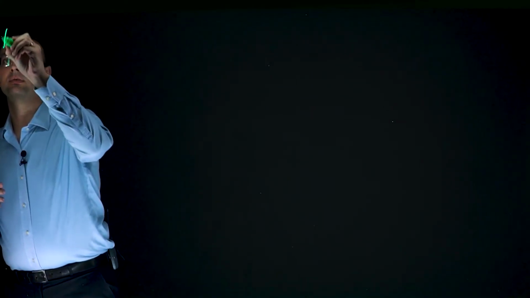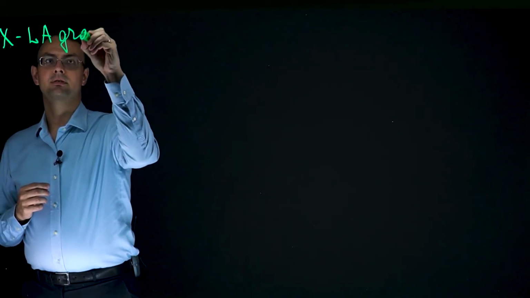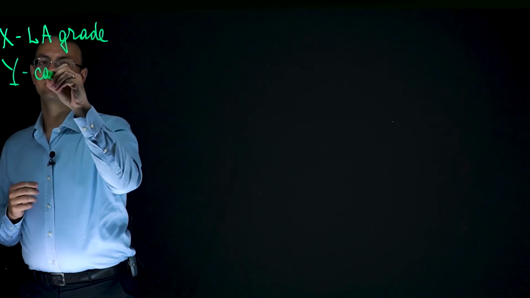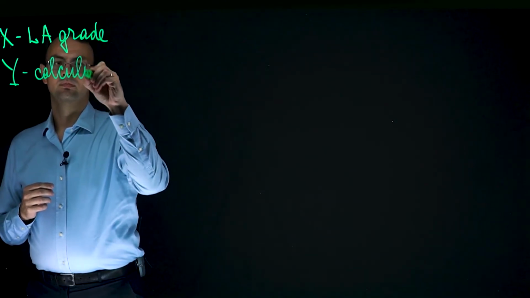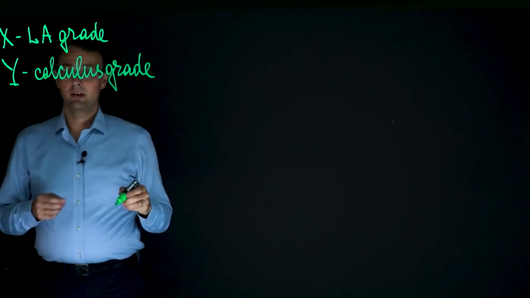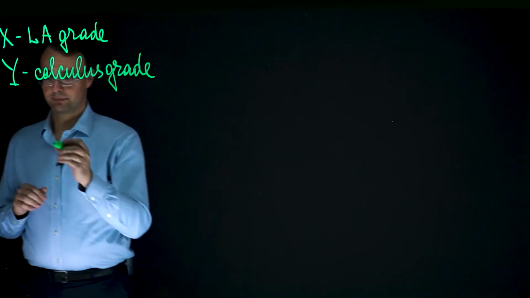Now we will find the conditional distribution and conditional expected value for the example we have already discussed, where we have two random variables that are the linear algebra grade and the calculus grade of a random student. And x can be either 0 or 1, and y can take values 2, 3, 4, or 5.